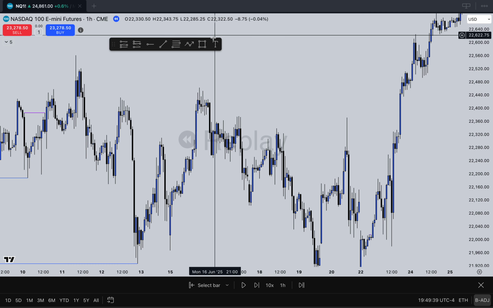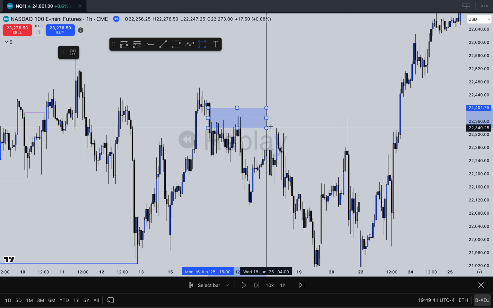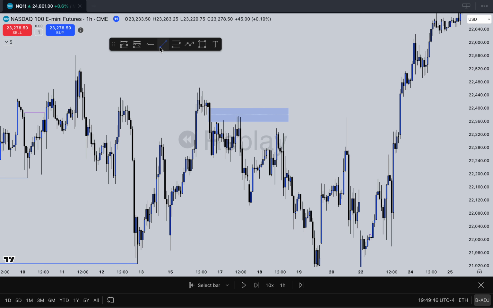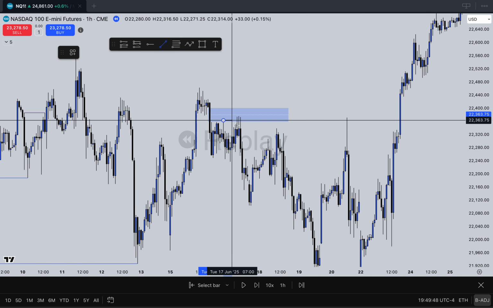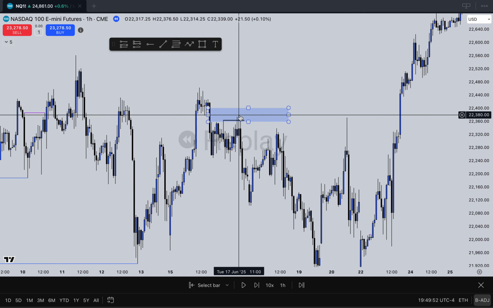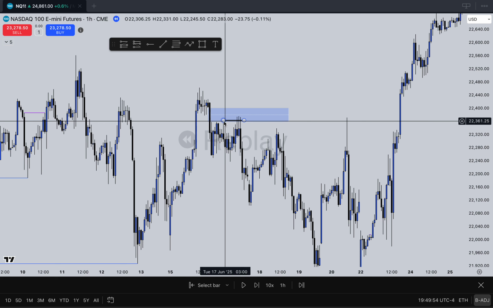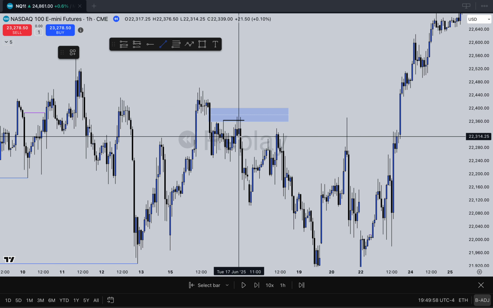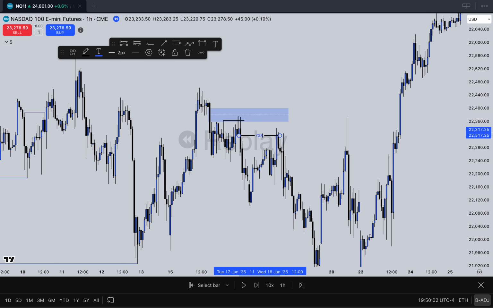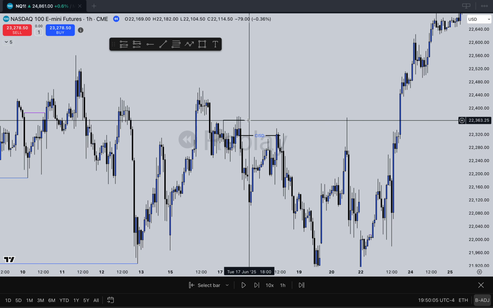So if you look at this fair value gap that we have here, and then this high that we have here, you can see this high hit the fair value gap and swept that high. So the up closed candle, the bullish candle that gets closed below, as soon as it gets closed below, this becomes our change in state of delivery, CISD.